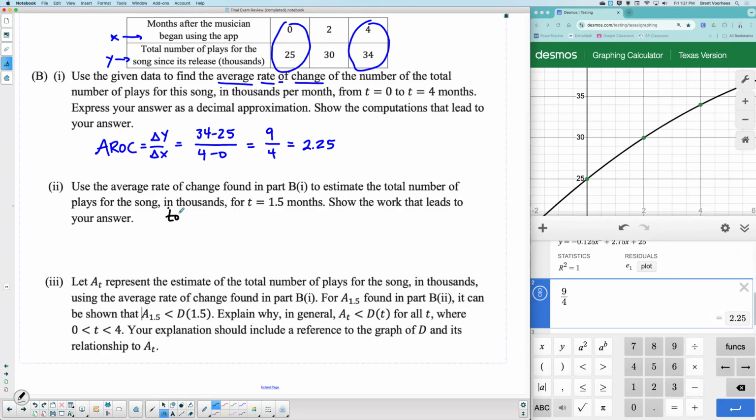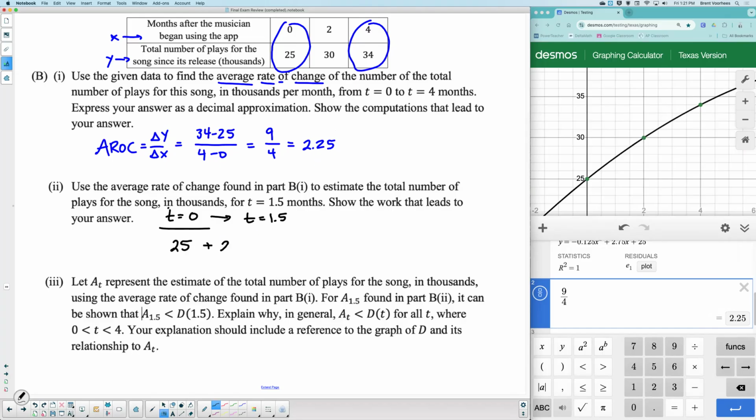Okay, so here's how I do this. When t is equal to 0, the total number of plays was 25. What I want to get to is t equals 1.5. On average, it changes by how much? It usually changes by 2.25.